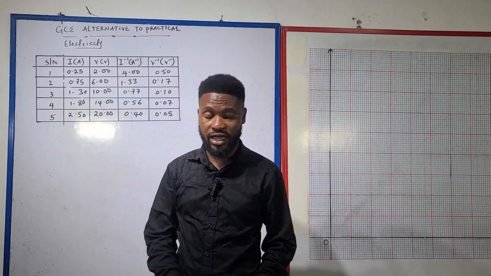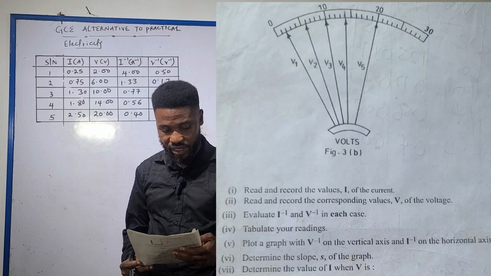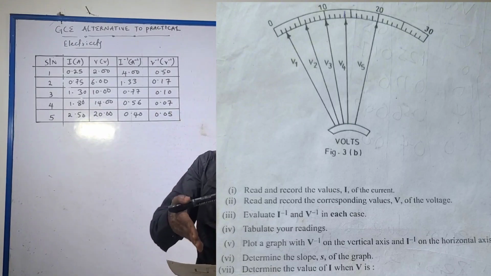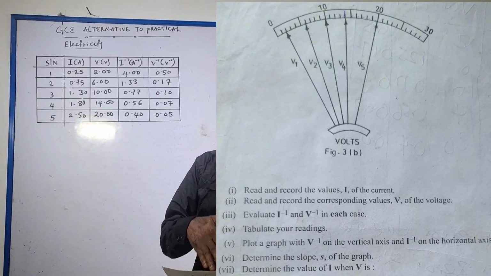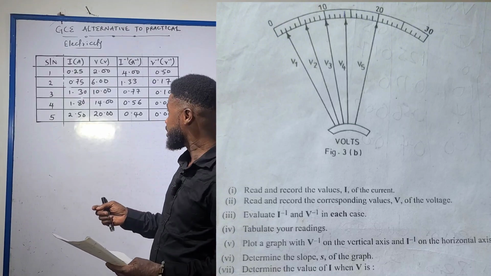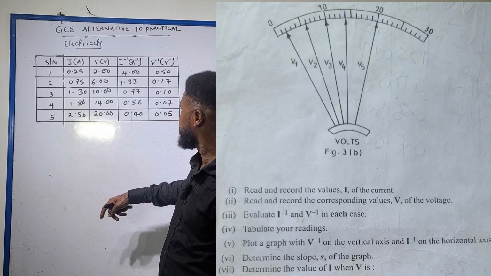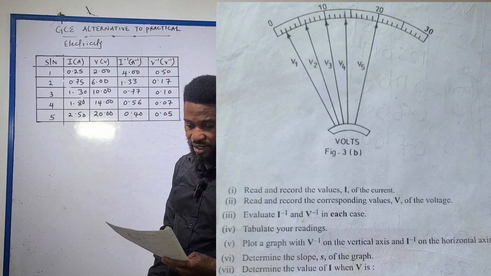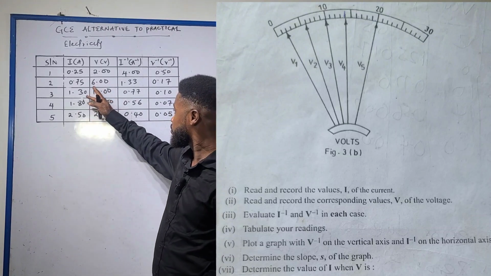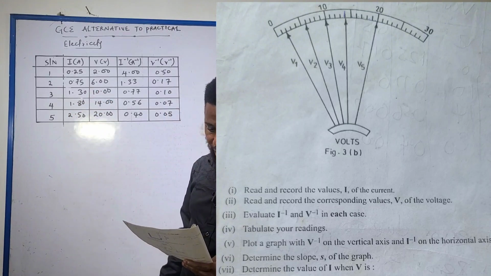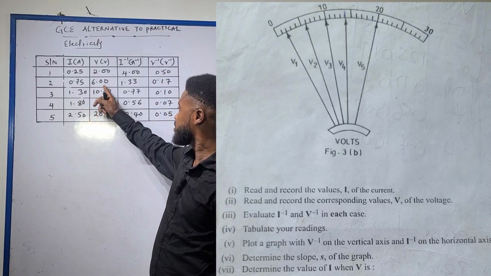For the voltage, we look at figure 3B in volts, 0, 10, 20, 30. Where the figure points to for V1, that is actually the 2 volt mark. For serial number 2, V2 points at the 6.00 mark.